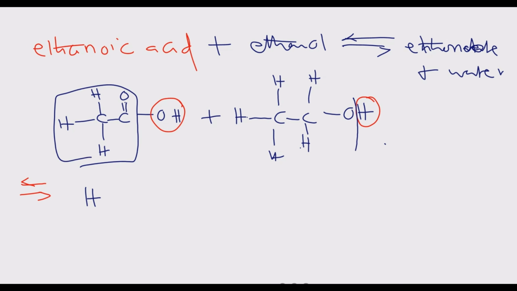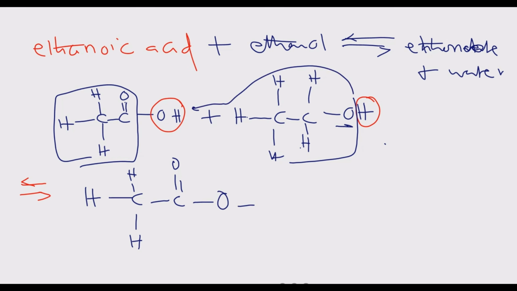So that and that combine to give us H, this part, and this part. So we are going to have C, then this double bond, then H, then H. Now we reverse this process, so we're going to have C, then H, then H, then H down here, then another H. Then this and that will give us plus the water.